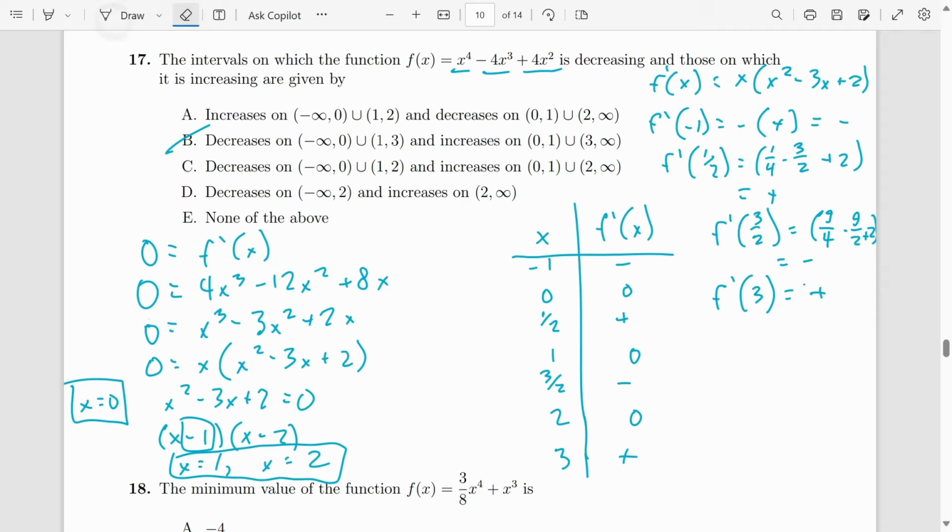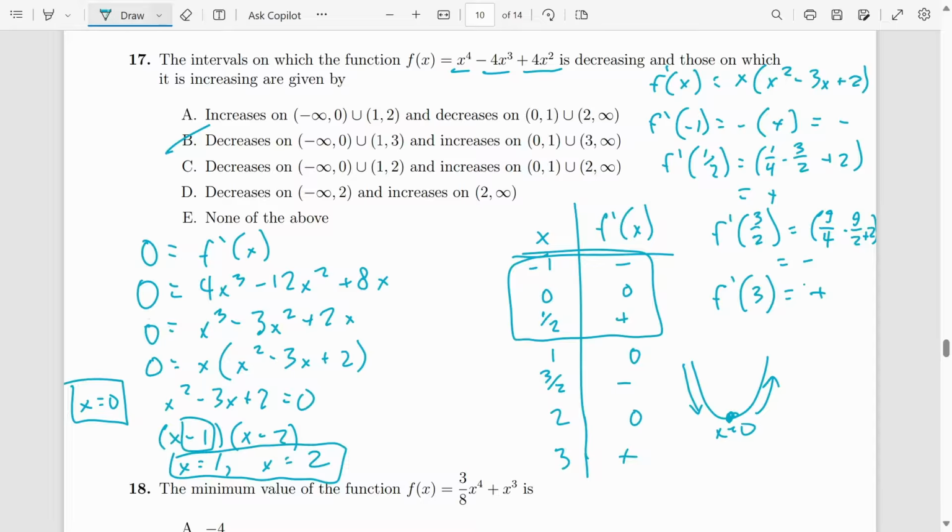So we look at the surrounding points there. In the case of critical point 0, on the left it's negative and on the right it's positive. So in terms of f of x, graphically, it's going to look like this, where we have x equals 0 in the middle. On the left is a decreasing slope, and on the right is an increasing slope. That's what the negative and positive mean.